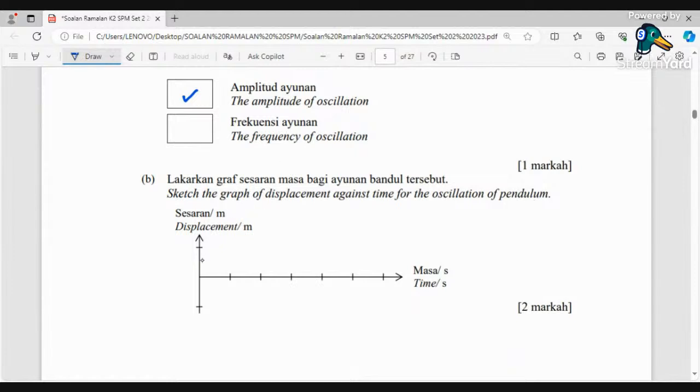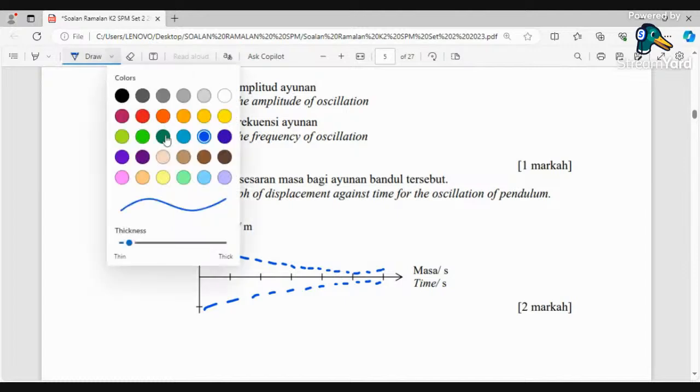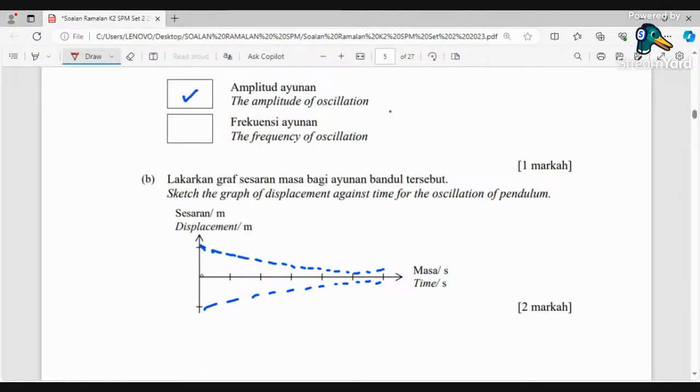So what you do, you can draw a control line because as we know, amplitude decreases with time. So you just draw like this. This we call a control line, to make it easier for us to draw the graph for damping. Draw the graph like the inversely proportional graph. If you don't want to draw it, it's okay, but it makes it easier.